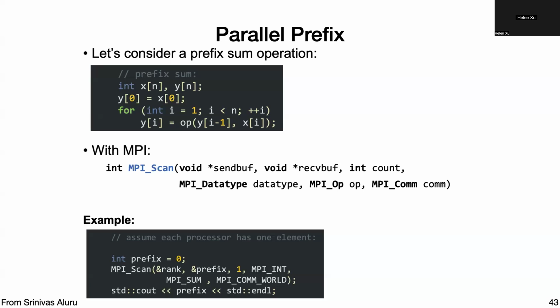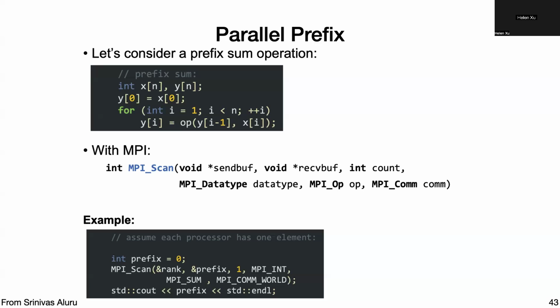So if count equals 3, then if this is A0, A1, A2, B0, B1, B2, the result on P0 would be A0, A1, A2. Those stay the same.